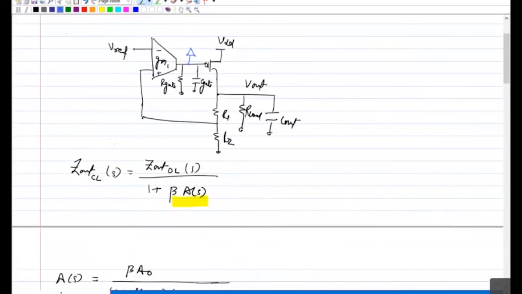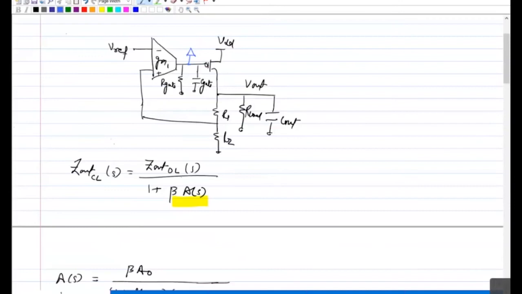So what will be the output impedance in that case? Assuming that your effective output resistance is R out and the capacitor is C out. That will be similar to what you have in the first order.